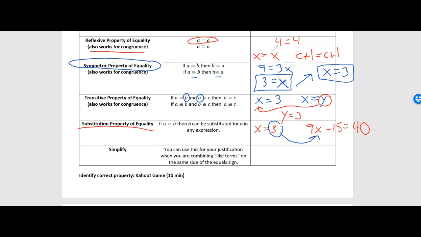I can replace the x with a 3 because we know that those two things are equal to each other. So the transitive property is actually a form of substitution.